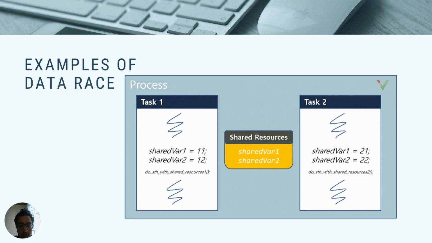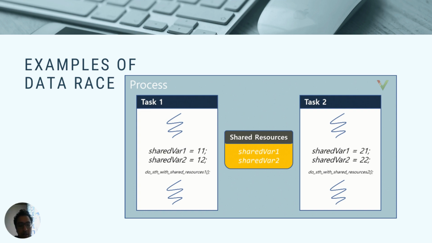This figure shows the simultaneous access to shared resources by two tasks without specific protection. So we may ask what value of shared var1 does the function read. You may expect the value to be 11, since this value was written in task 1 immediately before the function call.